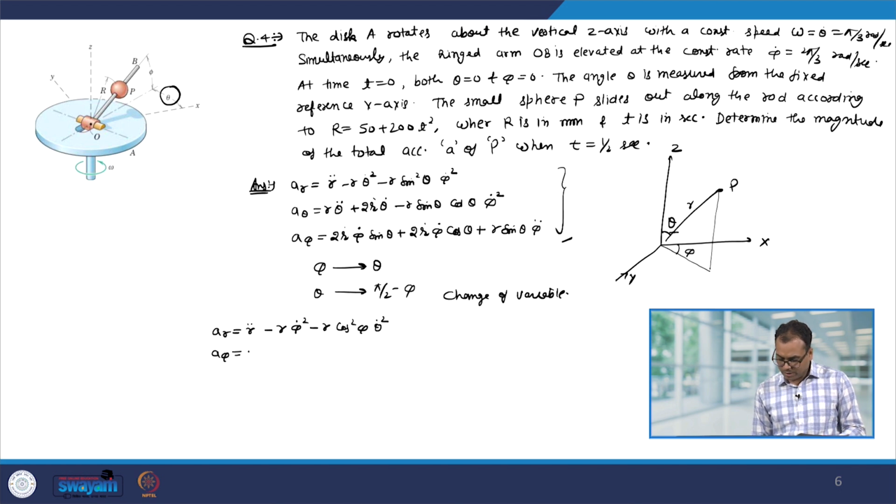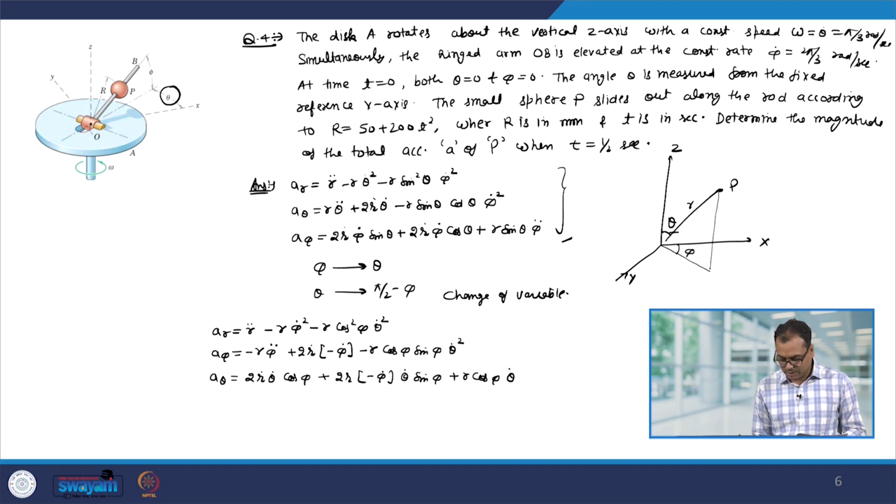A phi will be r phi double dot plus 2 r dot phi dot minus r cos phi sin phi theta dot square, and A theta will be 2 r dot theta dot cos phi minus 2 r phi dot theta dot sin phi plus r cos phi theta double dot. This is the acceleration along r, phi and theta direction after having the change of variable.